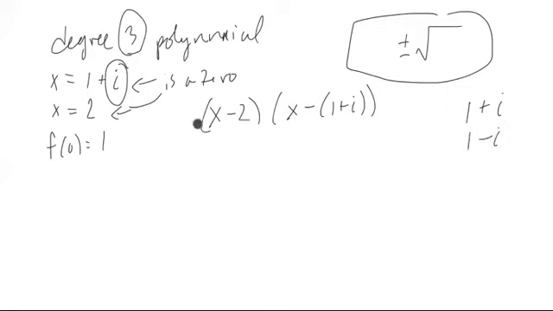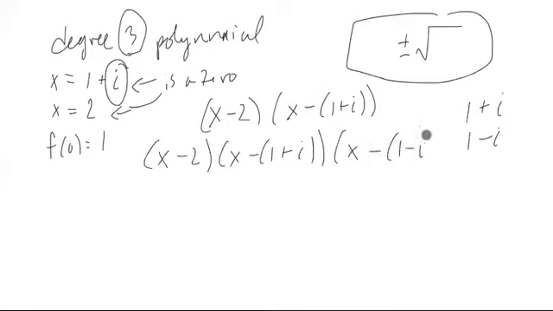So not only do we have x minus 2 times this right here, but we also have x minus (1 minus i). We just say plus or minus on the square root part. In this particular case, i is the square root part.